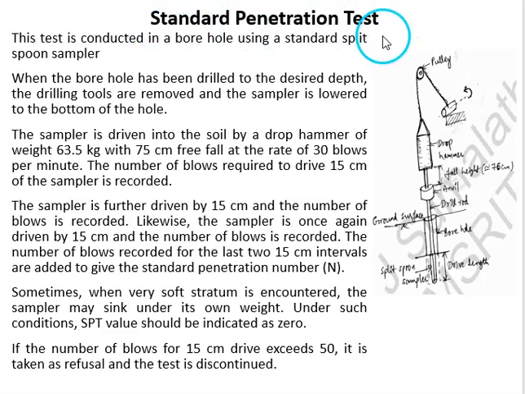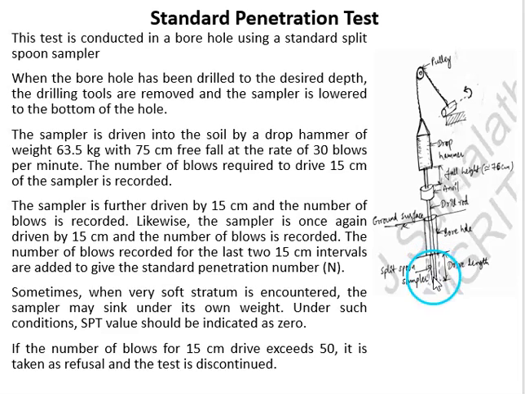In the standard penetration test, a borehole will be excavated to the desired depth. Then the split spoon sampler will be inserted into the soil using the drop hammer. The number of blows required for 15 cm drive will be counted and the procedure is repeated for another 2 drives.